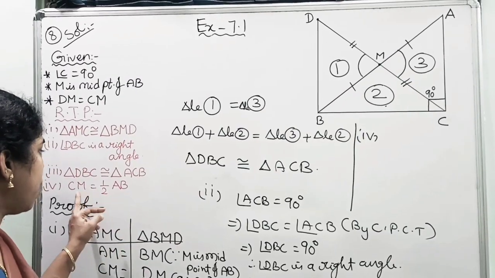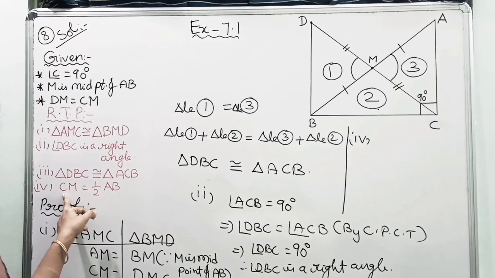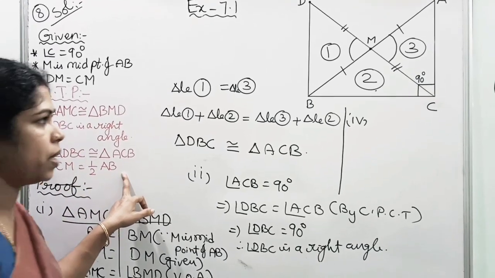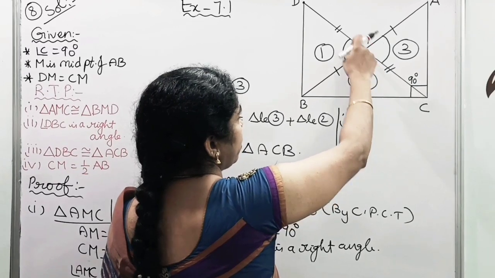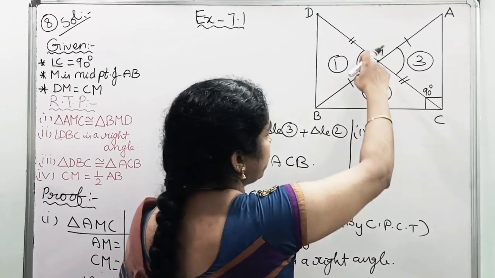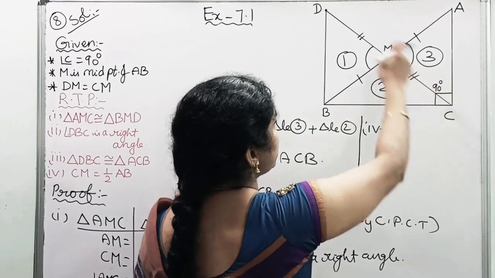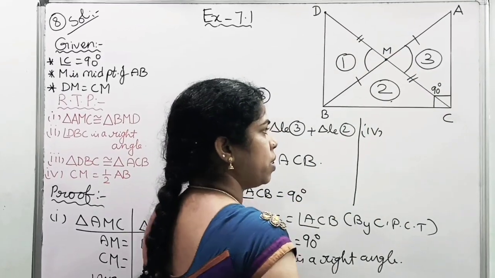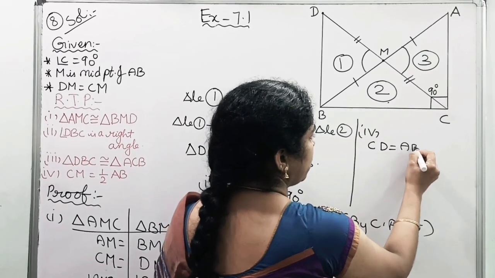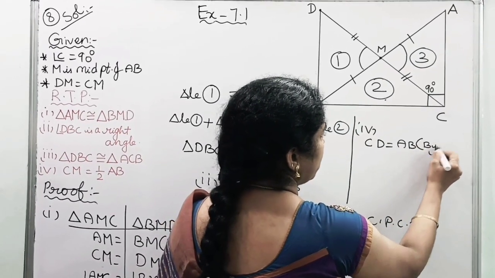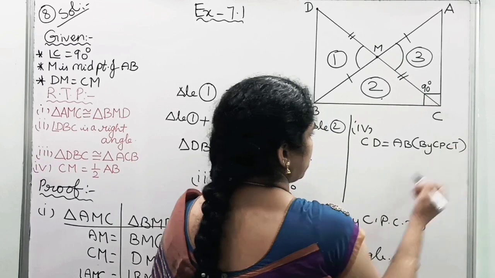And next one they asked us to prove is CM equal to half of AB. CM, if you observe, CM equal to DM. We know that. And also CD is equal to AB by CPCT. So write that one. CD is equal to AB by CPCT.